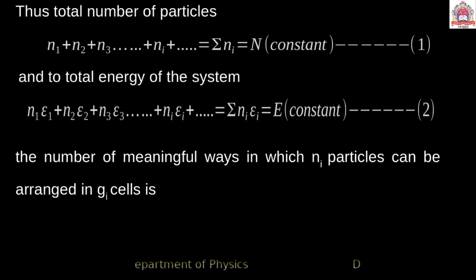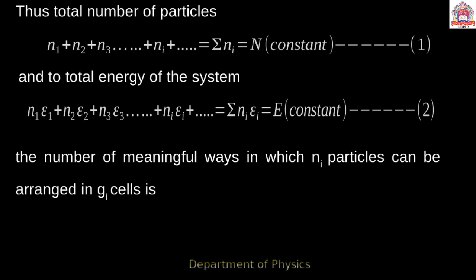Now the remaining cells are Gi minus 1, and with the Ni particles there are Ni plus Gi minus 1, because we are considering the Ni and Gi elements which can be arranged in Ni plus Gi minus 1 factorial ways.